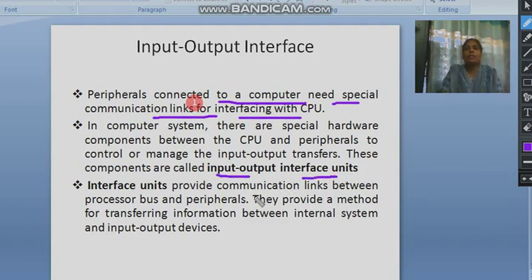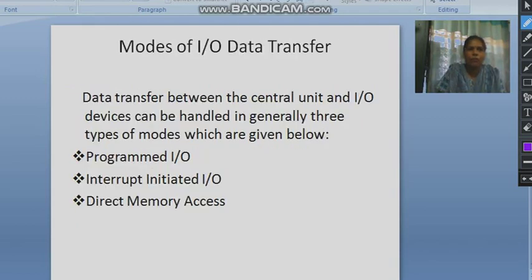These are the units which connect the CPU hardware and external peripherals. Interface units provide the communication links between the processor, bus, and peripherals. So for getting the association between the processor, bus, and external peripherals, we need the input output interface.